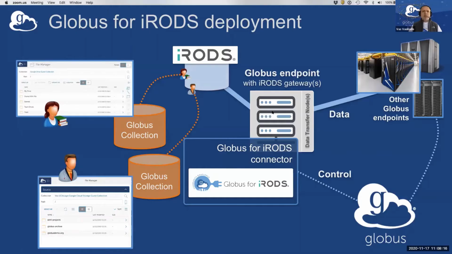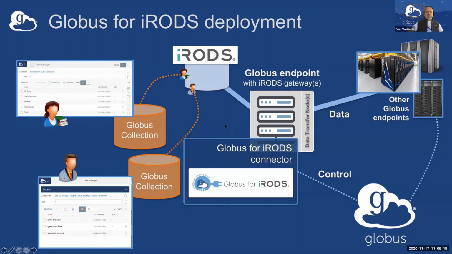Thanks, Jason. So just a couple of slides to close this off. First, I want to briefly describe how this joint solution is architected. As I mentioned, we have this thing called an endpoint. This typically consists of a number of data transfer nodes on which the Globus Connect software along with the iRODS connector are deployed.